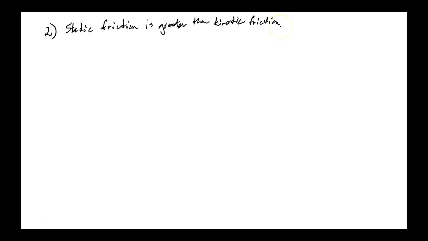And the reason I have a little bit of hesitation with that one is I usually see that it says greater than or equal to. There are a few surfaces that you can hardly tell the difference between static and kinetic friction. They're almost equal. But static friction is never less than the kinetic friction. That just wouldn't work. Okay?